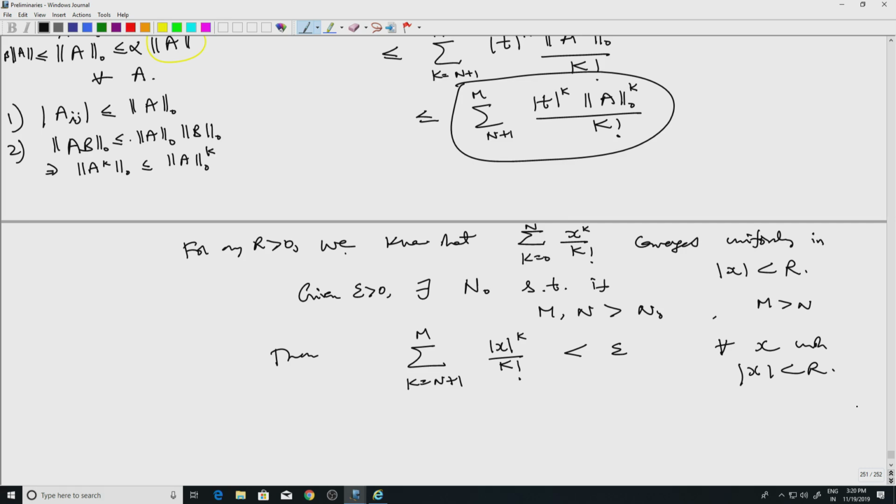So we know this, and therefore what we have here is exactly this, where x has been replaced by t times norm a. But the condition on x is mod x less than r.